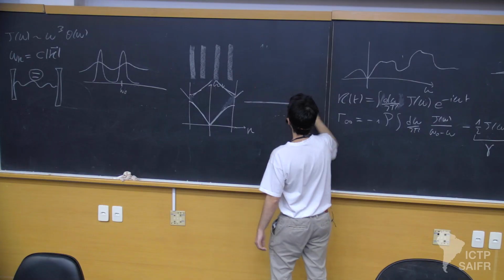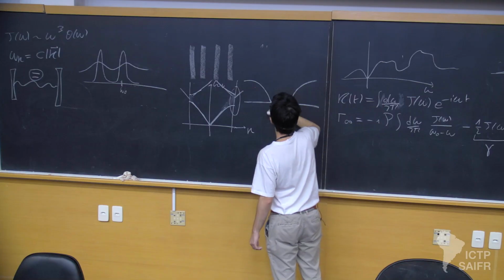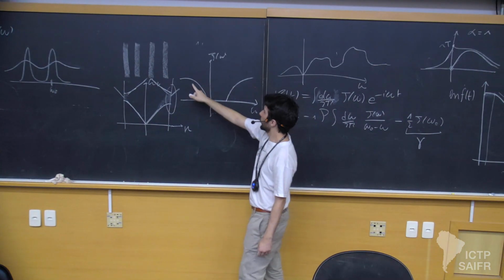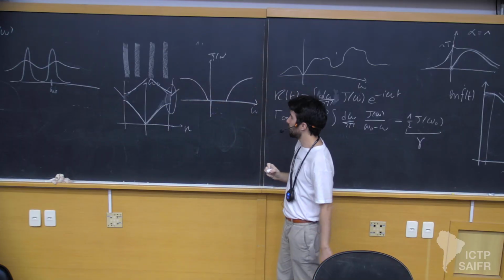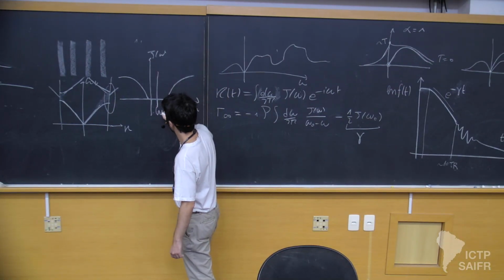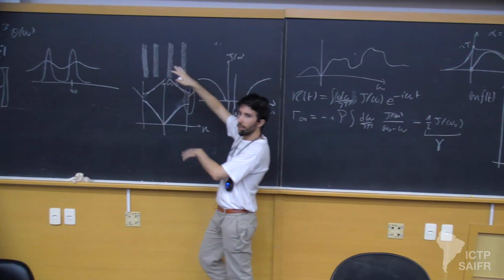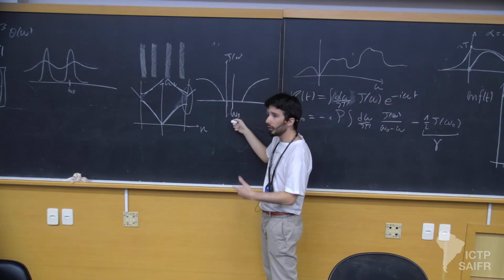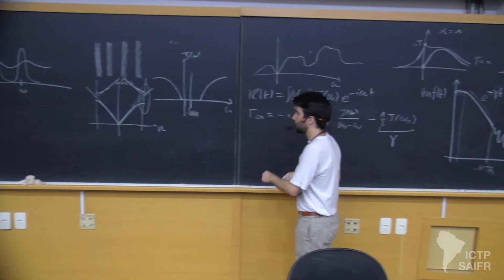This means that if you look in frequency around here, you have something like this. The spectral function goes abruptly to 0, remains 0, and then grows again. So if you choose the parameters of the photonic crystal such that the gap occurs around the frequency of the atom, then this atom is going to decay in a very non-Markovian fashion. Why?